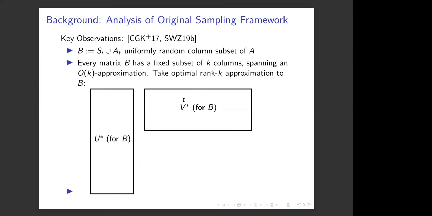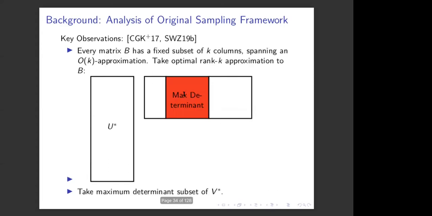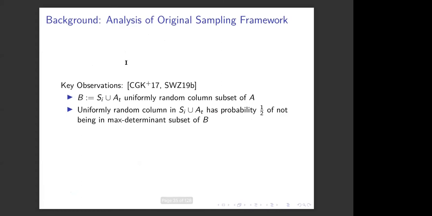And you look at the subset of K columns of V star which have the largest determinant. And then you take those indices in B and use them to span an O of K approximation to B. So then that's a subset of B of K columns.